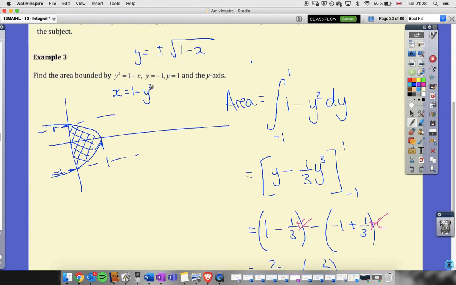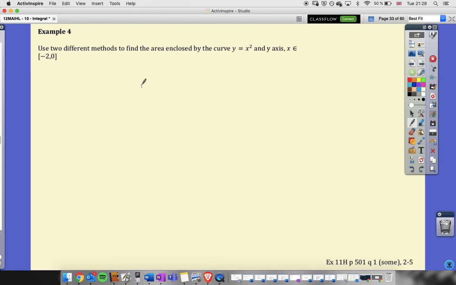Things to be careful of: making sure that you're rearranging and thinking carefully about what your function looks like, and making sure that your boundaries are y boundaries. There's example 4, definitely worth having a look at. I've put up the two different methods that I would consider using.